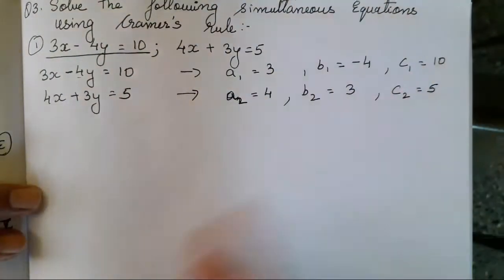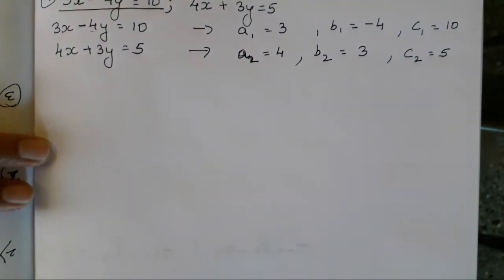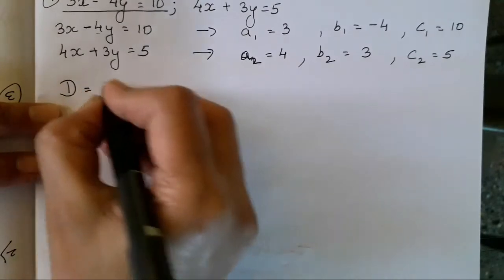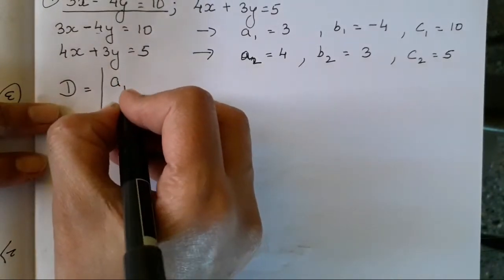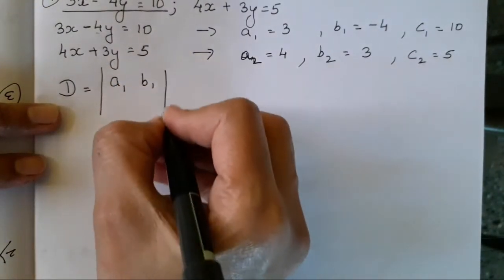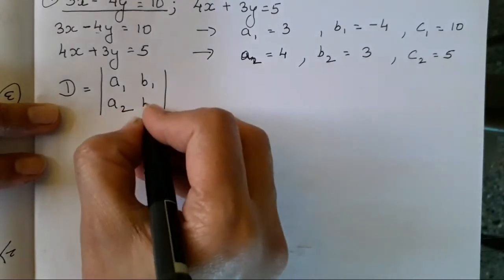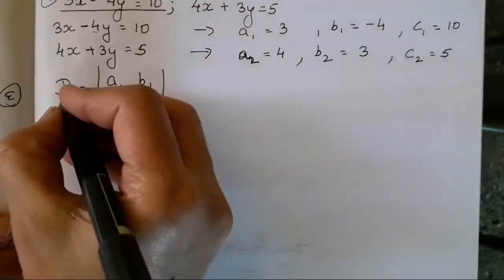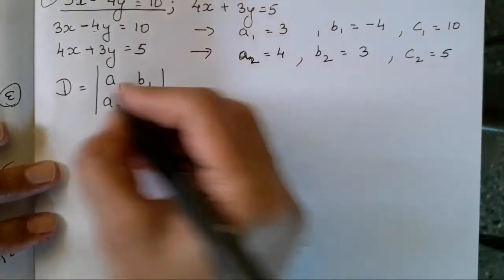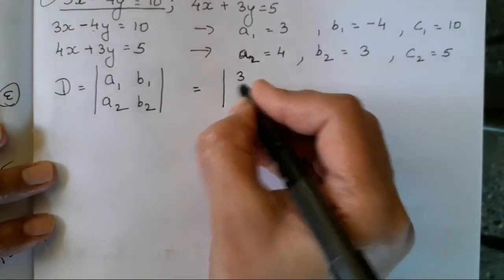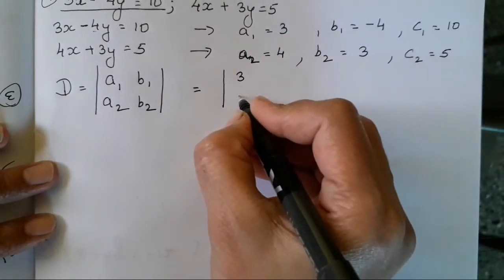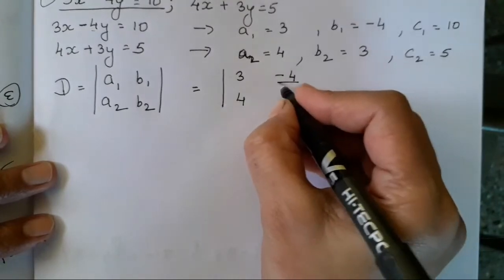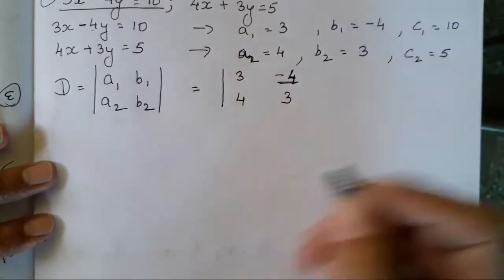Okay, so once you all have written what is A1, A2, B1, B2, what you all have to do is take D. Okay, so D, the formula goes like this: A1, B1, A2, B2 in order to find D. Okay, now D means determinant. Okay, so how are you going to write? You all have to just only substitute the numbers, that is 3, A1 was 3, A2 is 4, B1 is minus 4, B2 is 3.